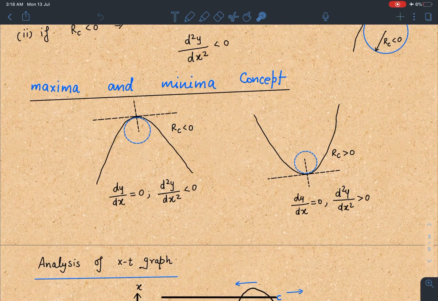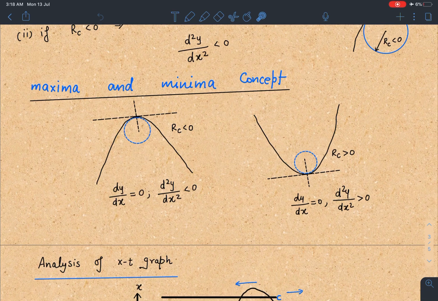Similarly, I can say if there is a curve which is attaining a local minima at some point, its shape must be like this around that point, and here the slope of tangent is 0 at that point, and this circle is lying above the curve, so the double derivative is going to be positive. Slope is 0 and double derivative is positive.